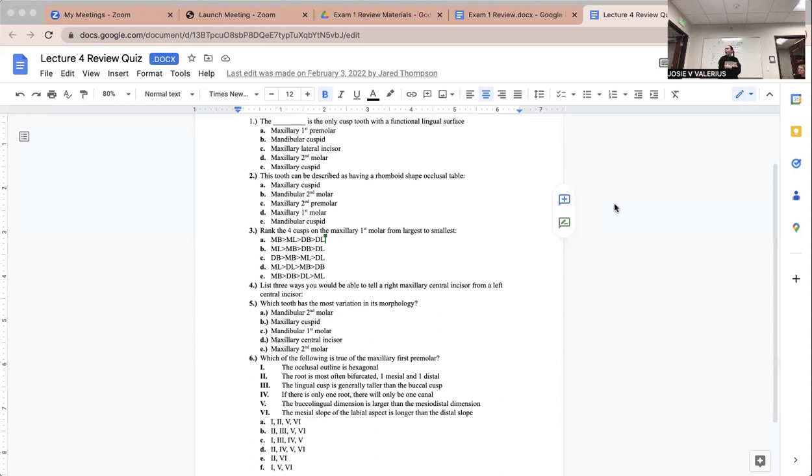Okay, and then number 4: what are 3 ways that you can tell a right maxillary central incisor from a left? Anyone know any ideas?